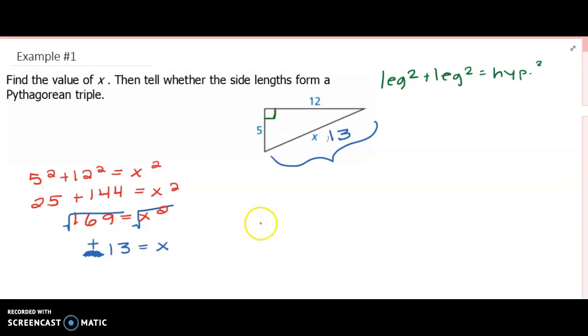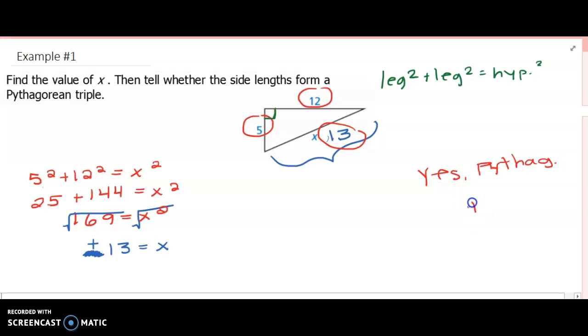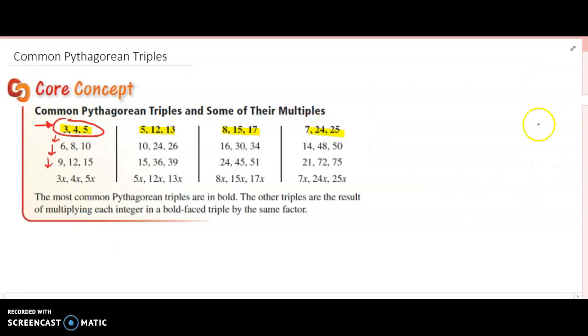So this is all about, do you know what a Pythagorean triple is? Okay, well, is this number, and this number, and this number all three whole numbers? Because if so, this is a Pythagorean triple. And yes, these are all whole numbers, so yes, it's a Pythagorean triple. In fact, it's one of these over here, 5, 12, 13.